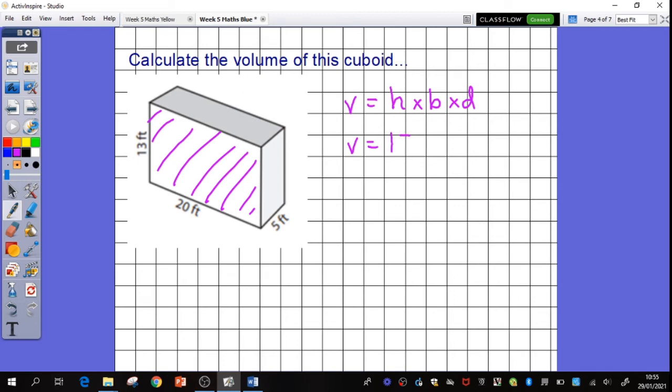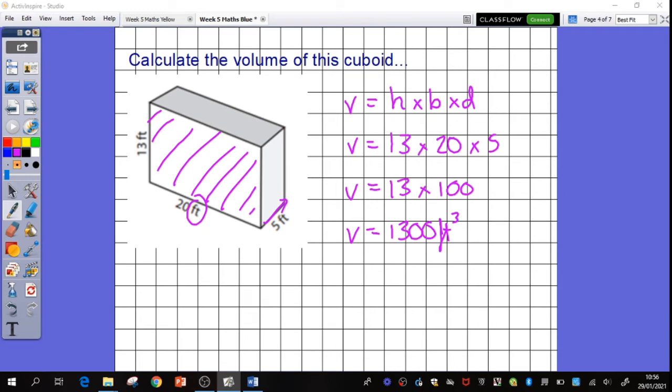So height is 13 times its base 20. Then I'm going to multiply it by its depth 5. So let's go. I think it'd be easier to calculate 20 times 5 first, which is 100. So its volume must be 1,300, and this time our units are feet cubed.